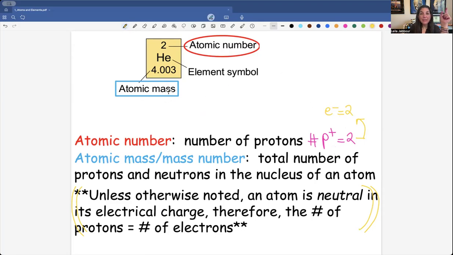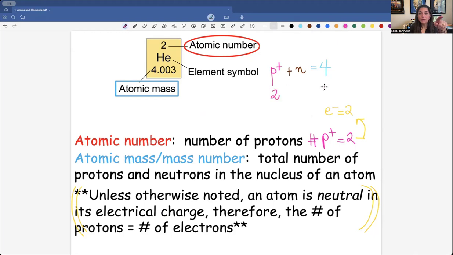The atomic mass here being 4. Atomic mass is the number of protons plus the number of neutrons. And here you are told it's 4. Well, you already know the number of protons. The atomic number told you what it was.